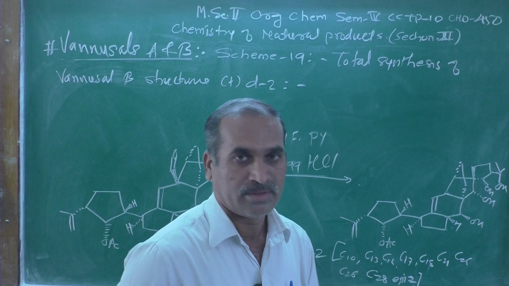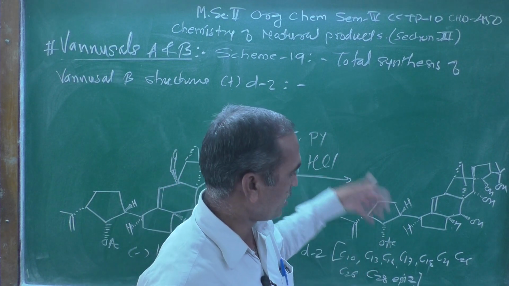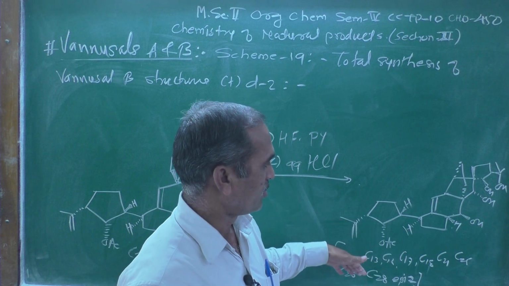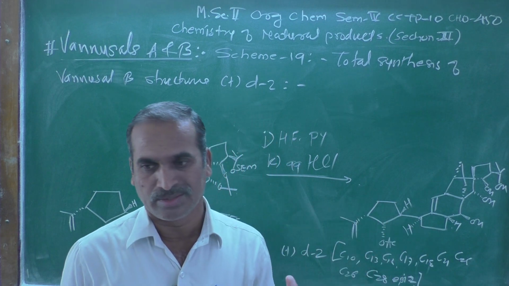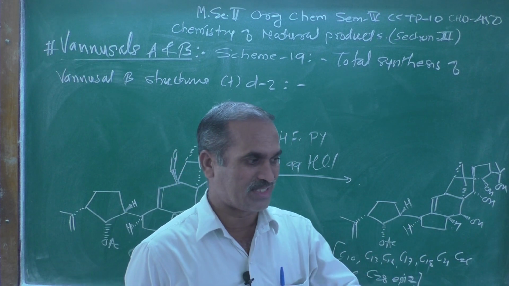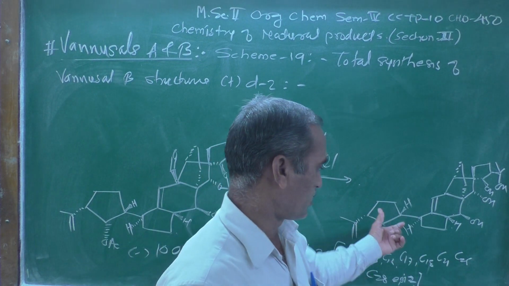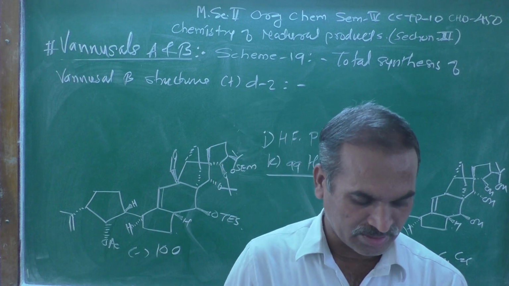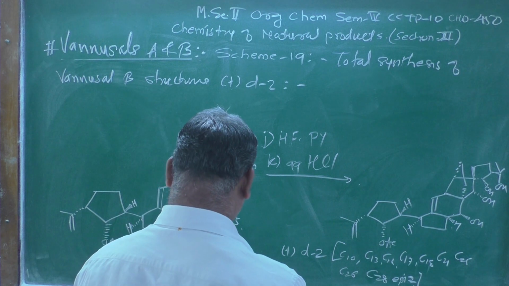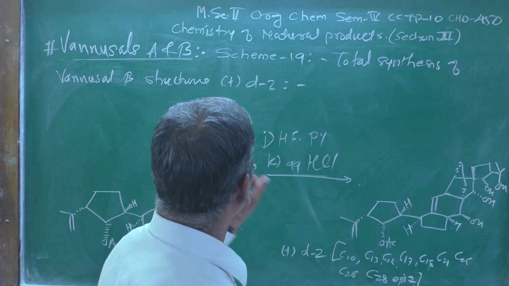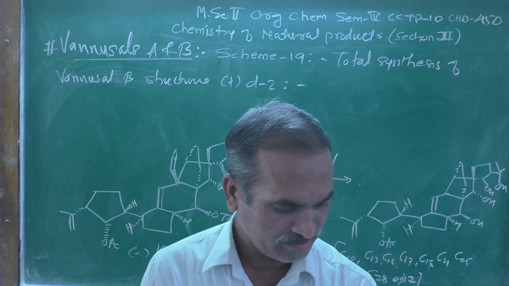So, whatever carbon atom is mentioned here, it means that at that position the nature of that hydrogen atom is reversed, because a diastereomer has exactly opposite bonds, and that is what I am trying to represent over here. So, this is all about scheme number 19, that is the total synthesis of Van B structure plus D2 that we have seen over here.